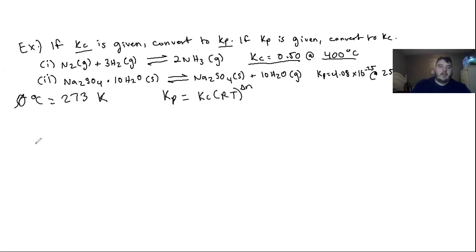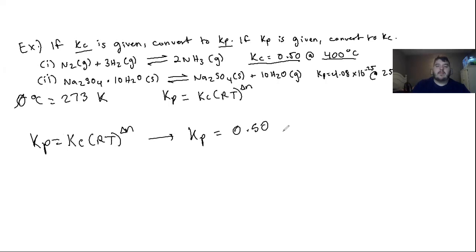Well, first of all, we know that Kp is equal to Kc times RT raised to the delta N. So first and foremost, we need to find Kp because we're given Kc. So we can go ahead and replace Kc with 0.50. And also notice that it's unitless. That's another thing to keep in mind, that our equilibrium constants are unitless.